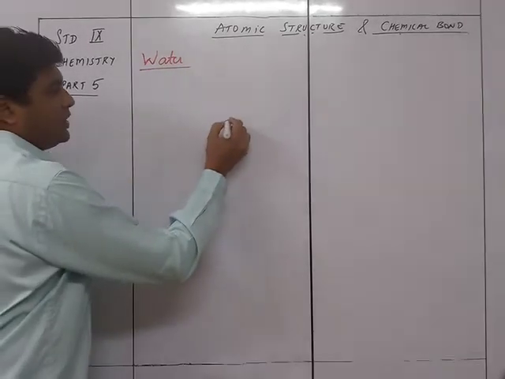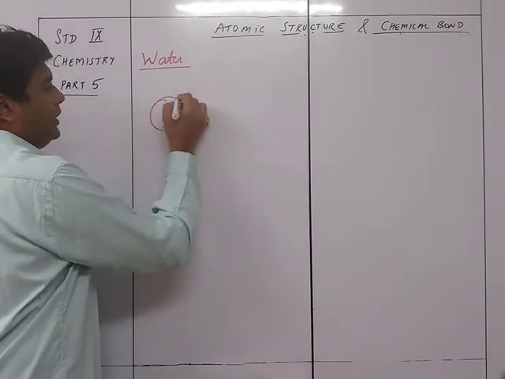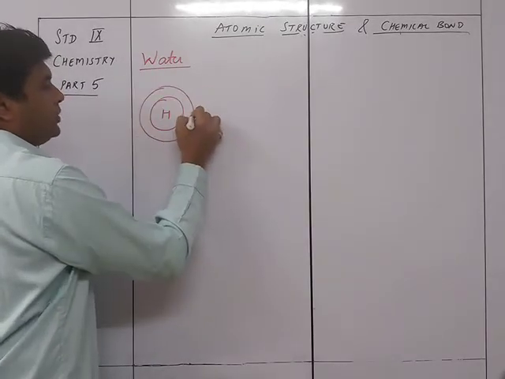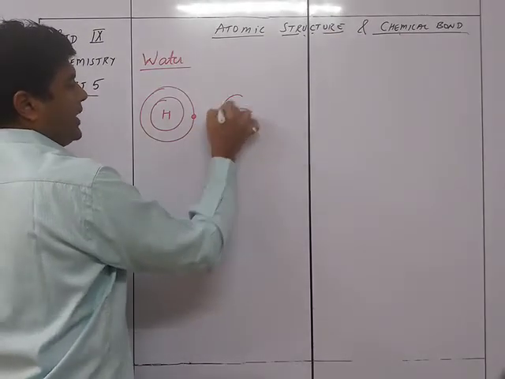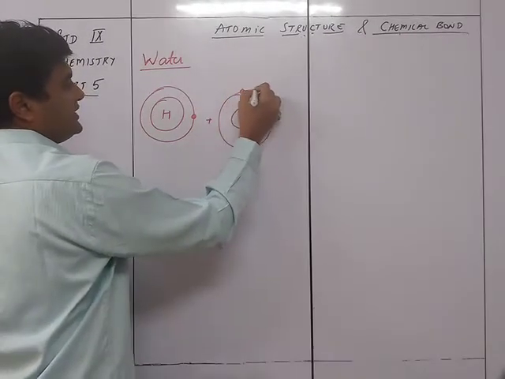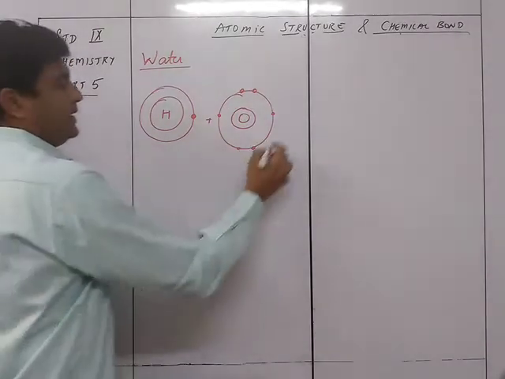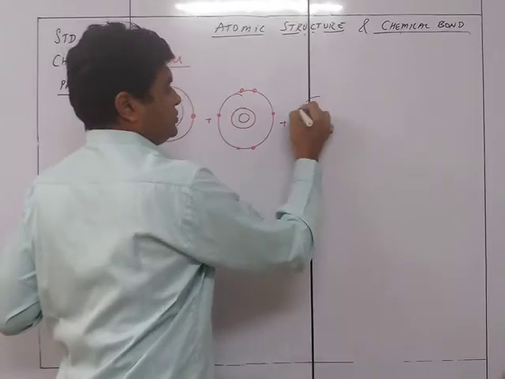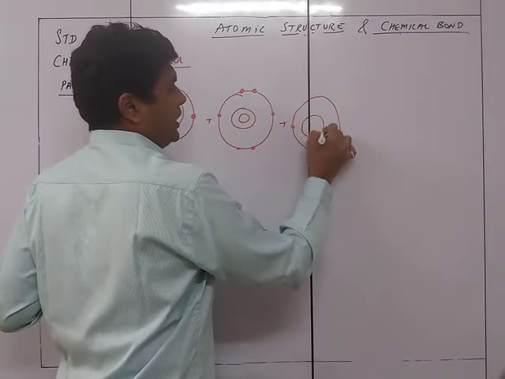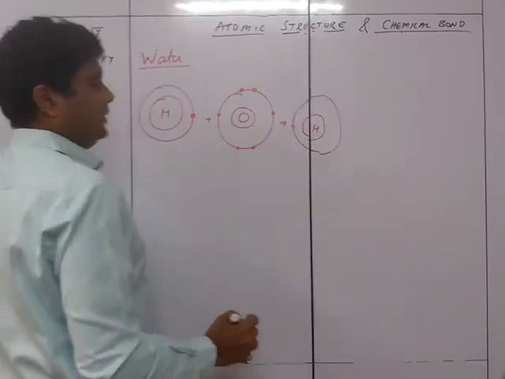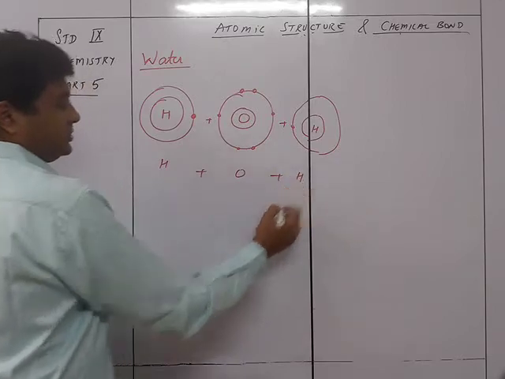So we will have hydrogen over here, which has 1 electron in the outermost shell, plus oxygen, which has 6 electrons in the outermost shell, and another hydrogen over here, which has another 1 electron in its outermost shell. So this is H plus O plus H.